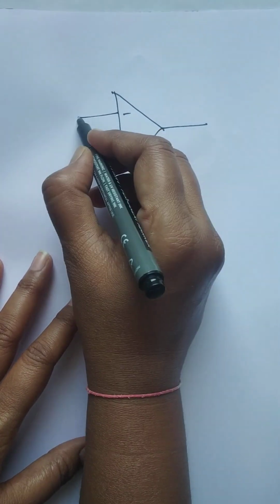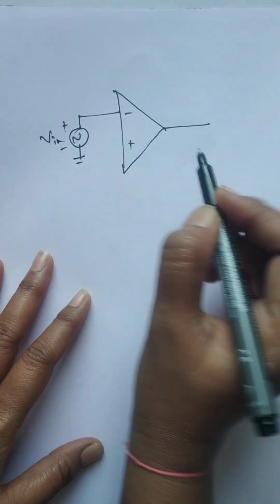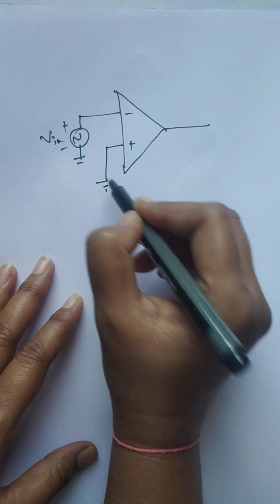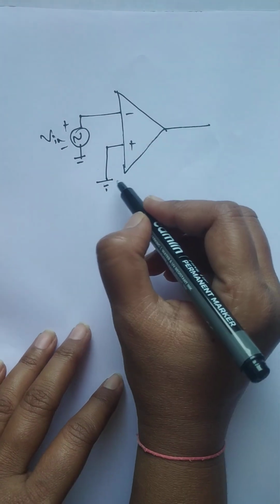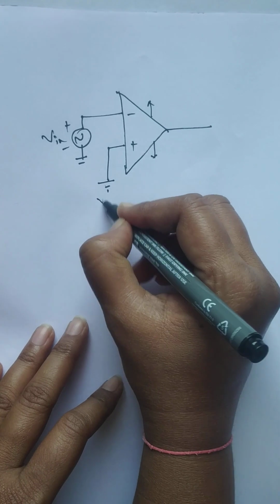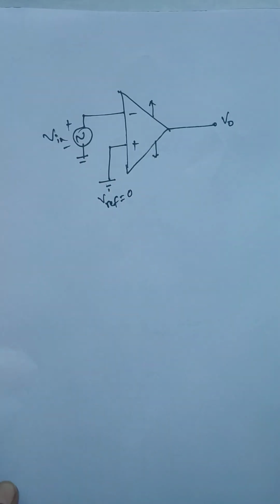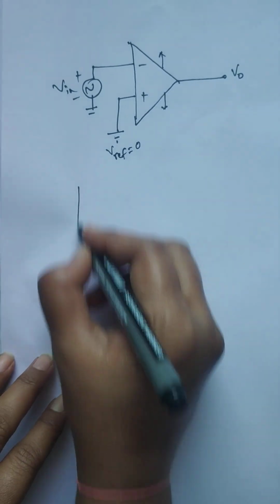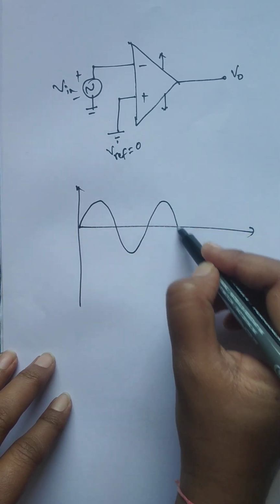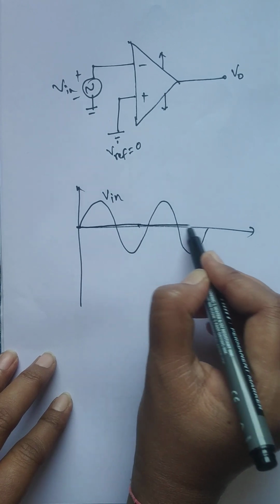Inverting comparator means I am going to apply V in at the negative terminal or inverting terminal, and V reference we are taking at 0, means we have to connect it to ground. We will write it here, V reference equal to 0, and this is my output voltage. So let us see what happens. V in, and V reference is 0, means on this reference line.